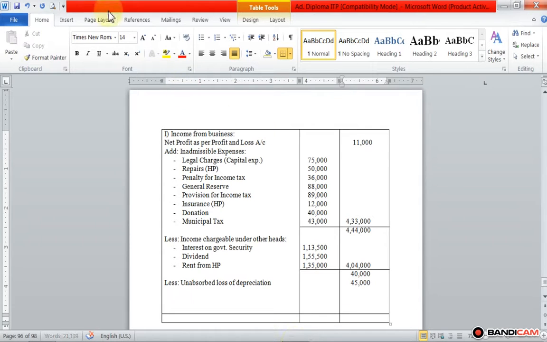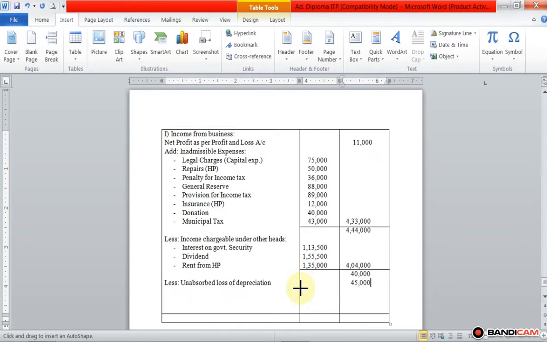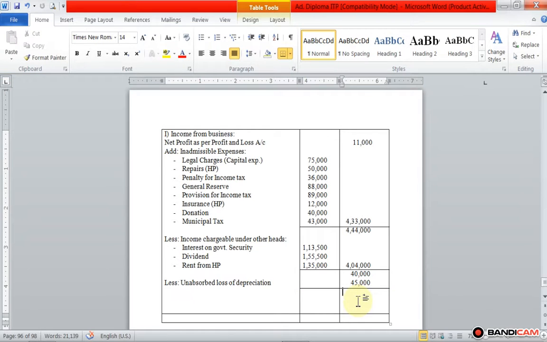So here we get the answer minus 5,000, which means a loss of rupees 5,000 of the company from business.